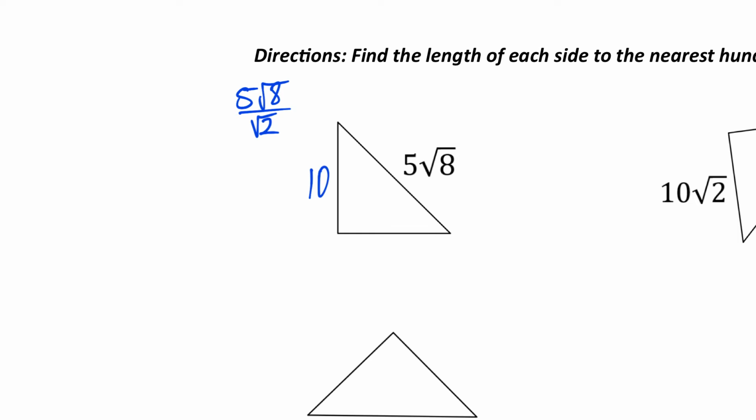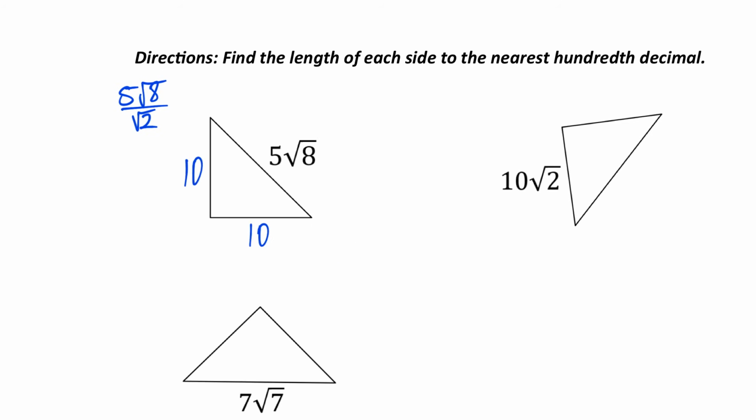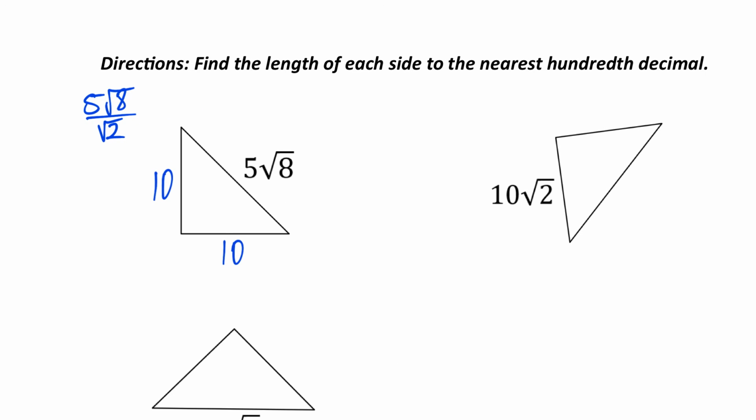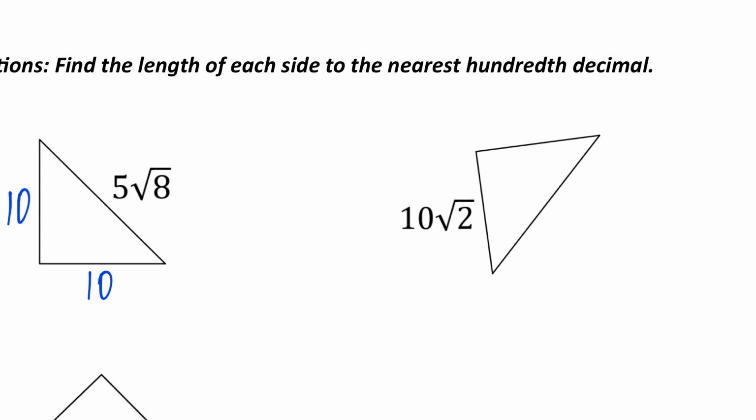Gives you exactly 10. So both of those are 10. Okay, on this one, these two sides are going to be equal, so 10 square roots of 2, and then to find this, it's going to be 10 square roots of 2 times the square root of 2, which is just going to be 20.